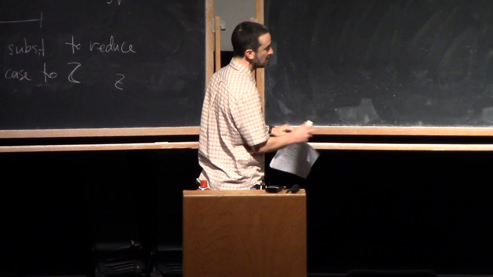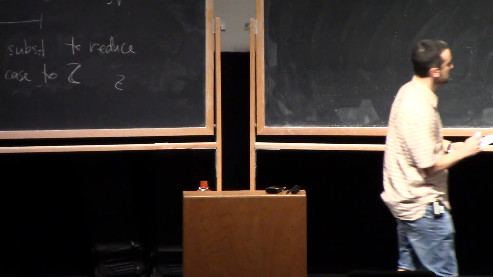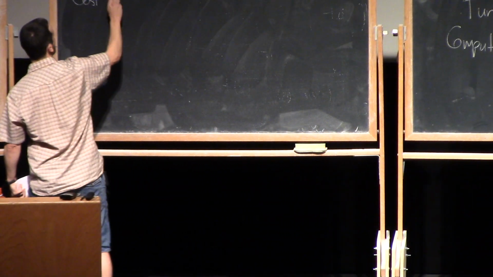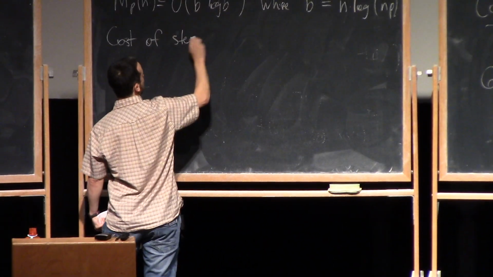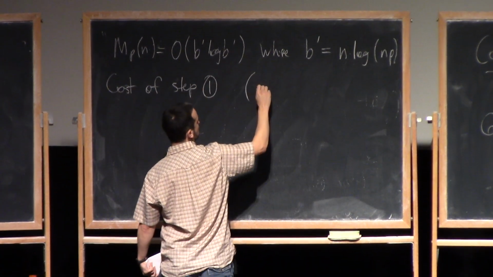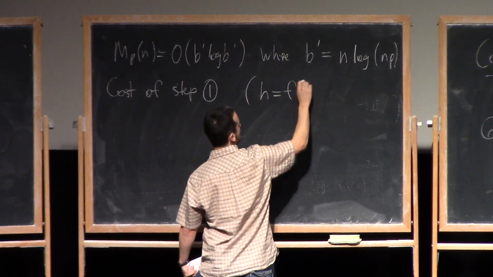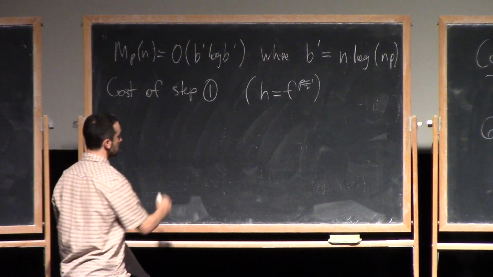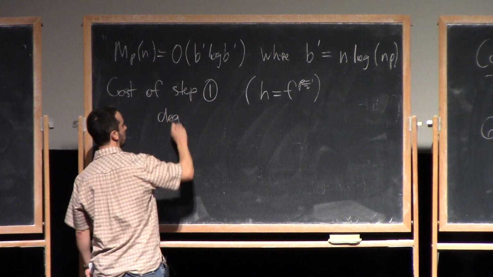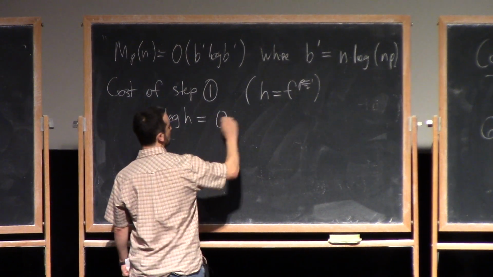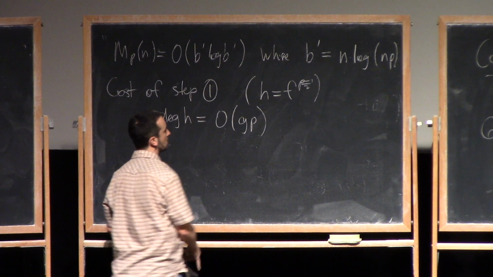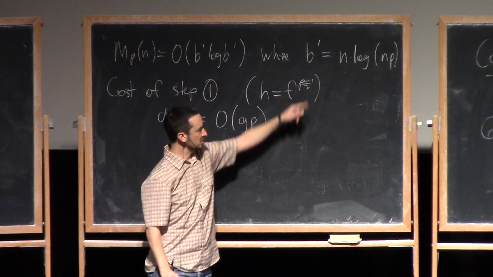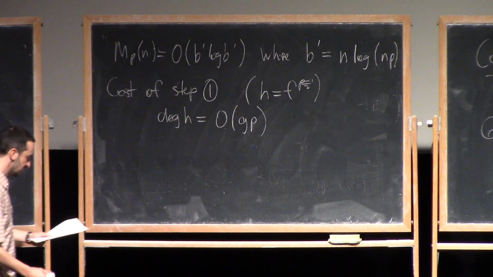because we can now figure out the cost of this step 1, which I just erased. So the cost of step 1, which was computing h, which is f to the (p minus 1)/2, I can now work this out. So I need to know the degree. Well, the degree of h is O of g times p, because f has degree O of g, and then I've got this exponent p. So that's the degree of h.